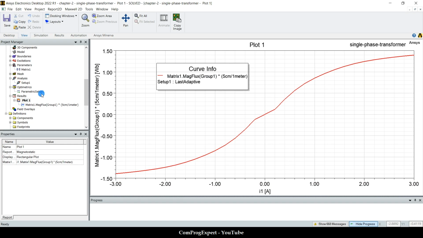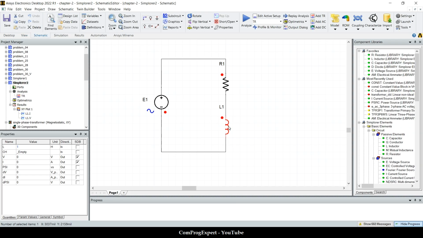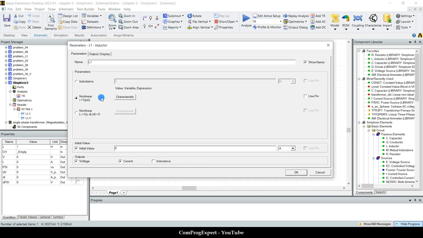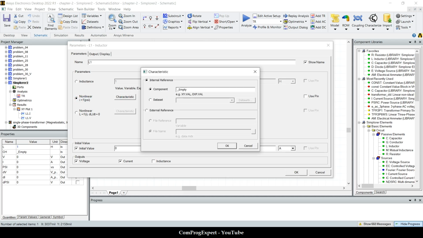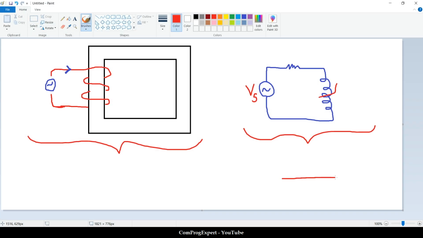But here in the Simplorer, we need to set the current versus the flux linkage. We need to have this graph. This is the flux linkage and this is the current. We can reverse the order, not too complex.